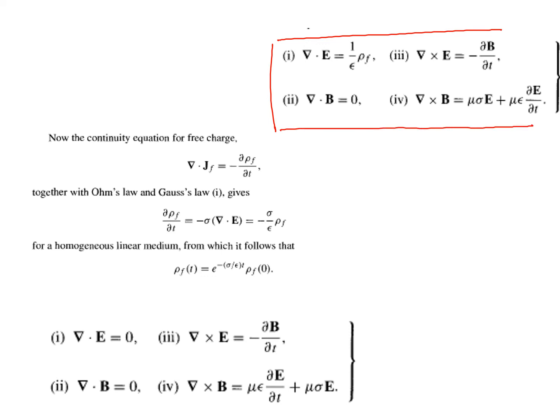Now we can write the continuity equation for free charge. Del dot J equal to minus dou rho by dou t. Here it becomes minus dou rho f by dou t.